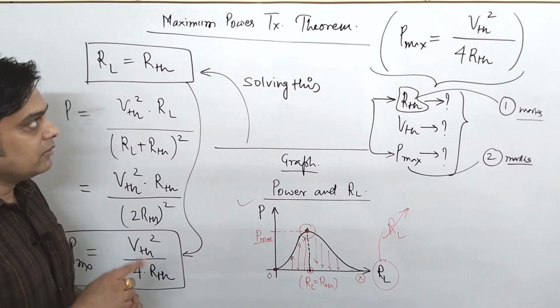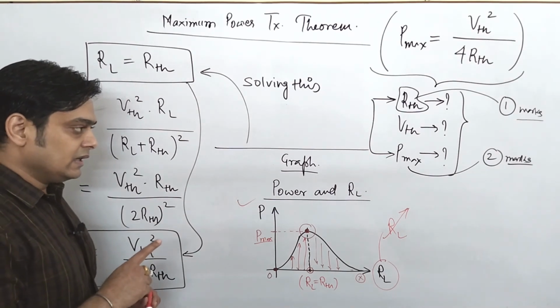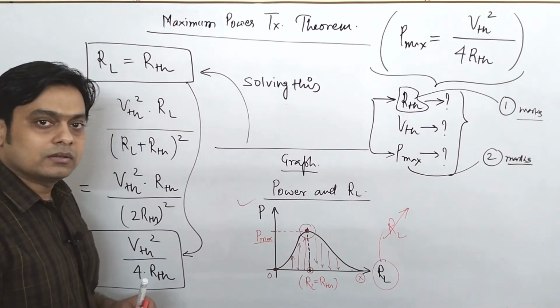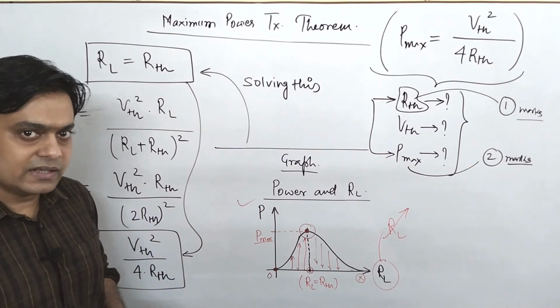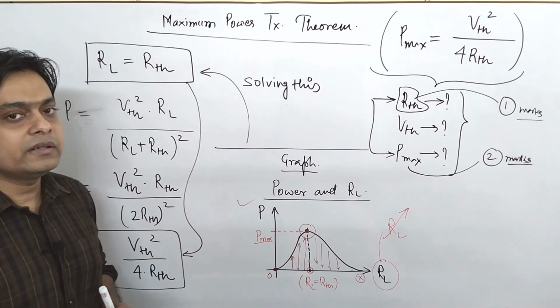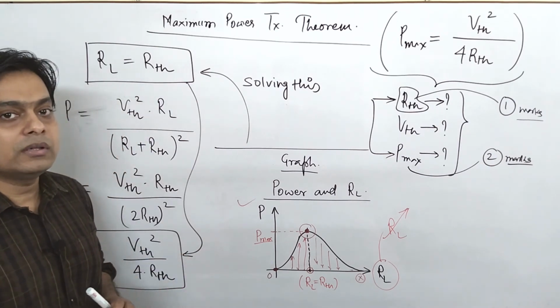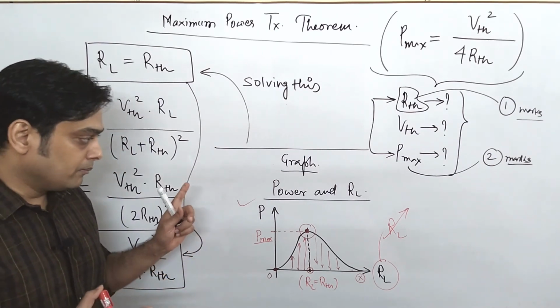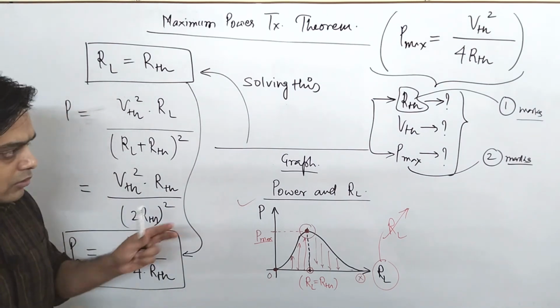So this is all about the maximum power transfer theorem. We will see its AC application. Right now we are talking about DC circuits, and we will see the application of maximum power transfer in AC circuits also, and there we will discuss how the concepts are applicable.